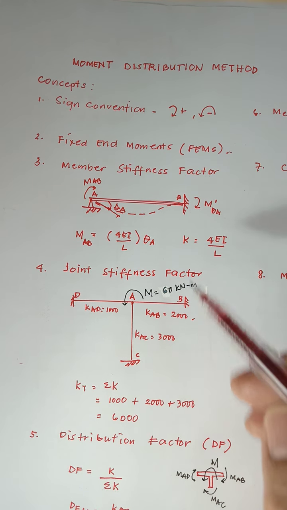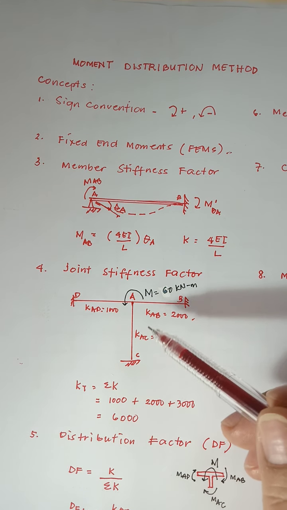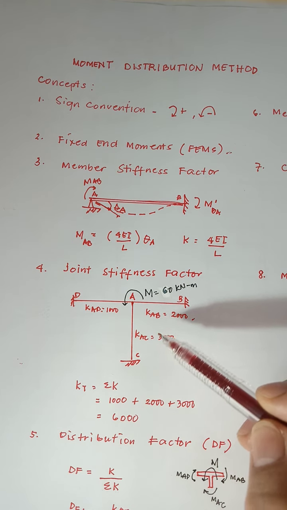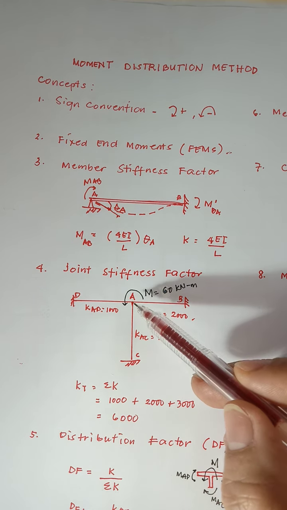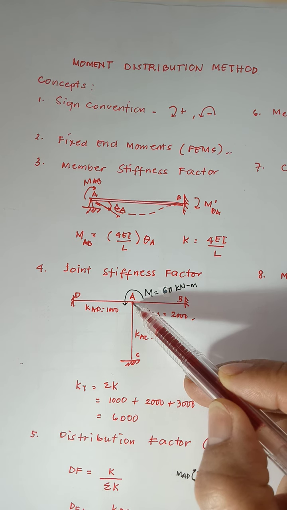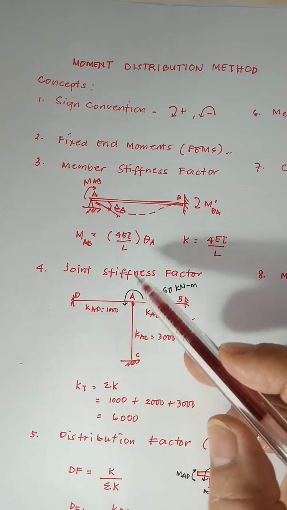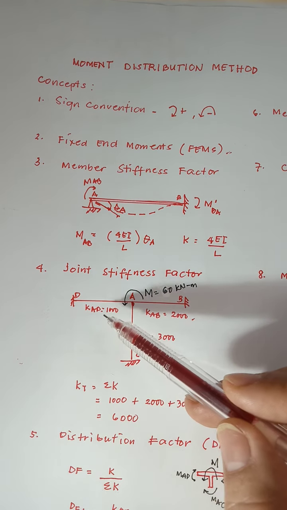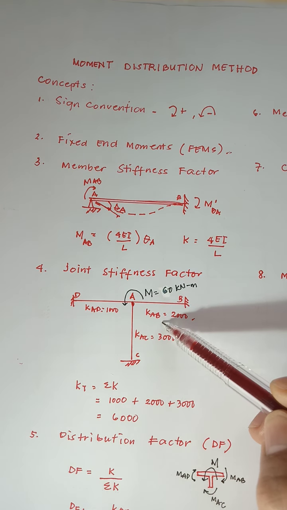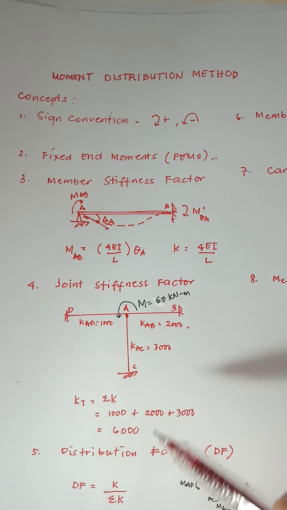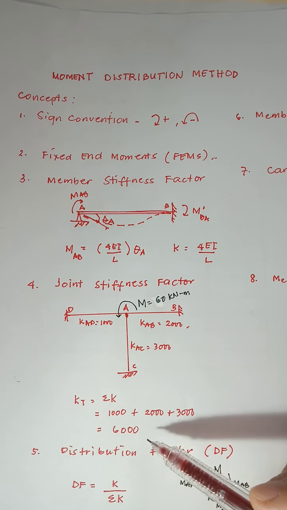The joint stiffness factor is the sum of all the stiffness factors of the members meeting at the joint. So the stiffness factor for joint A is KAD plus KAB plus KAC. If we sum this up, that is equivalent to 6,000.